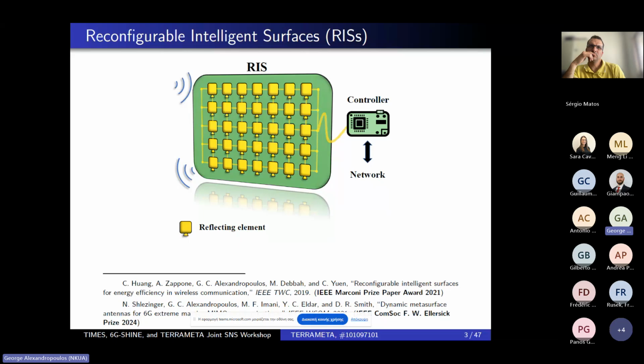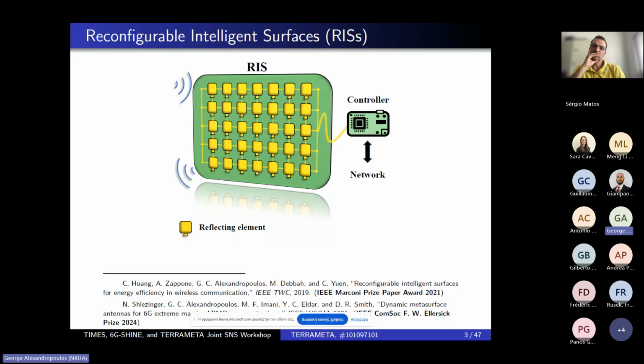One is to tune the different states, the different responses of the unit cells according to certain objectives. Usually these objectives are provided by the network, so this controller needs to be the interface of the metasurface with the network. These are two very critical things.